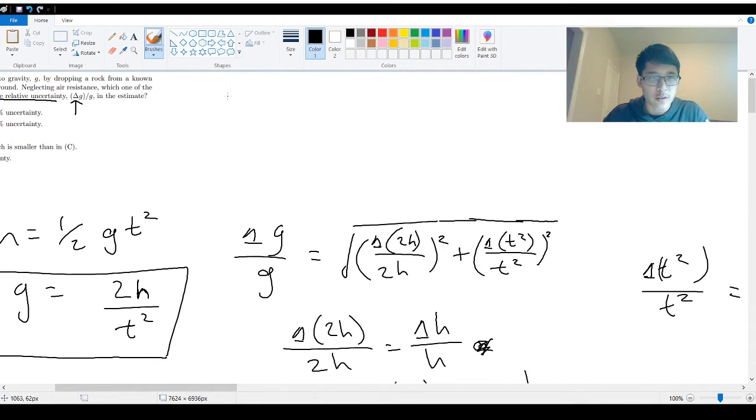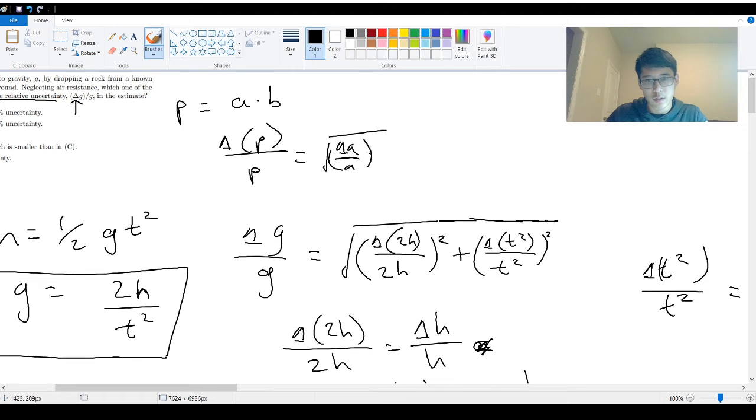If we take the product of two numbers, a times b, then we'll call the product p is equal to a times b. Then the uncertainty in the product divided by the actual product, this is called the relative uncertainty, is equal to the square root of the relative uncertainty in a squared plus the relative uncertainty in b squared. And this also applies for division and however many terms you have multiplying and dividing.